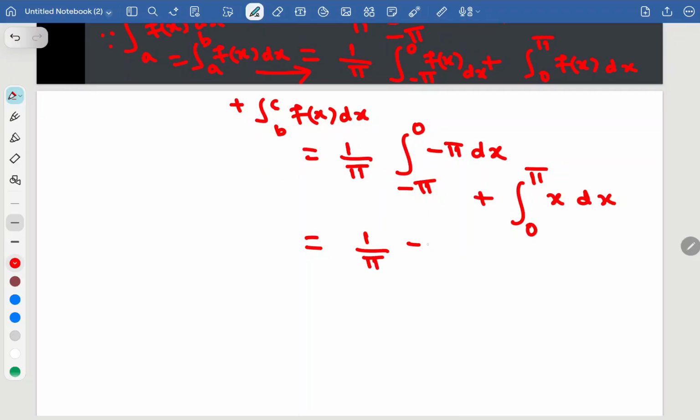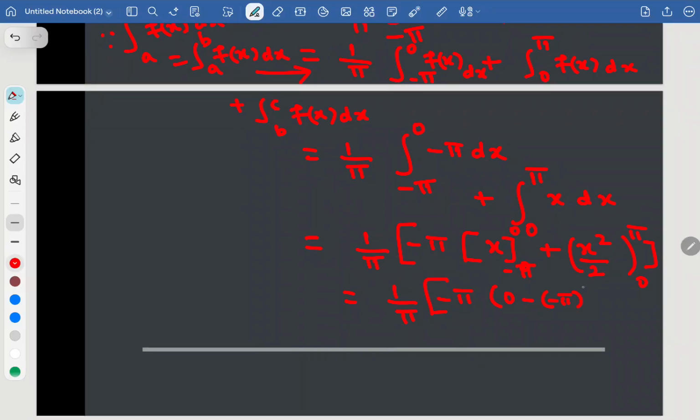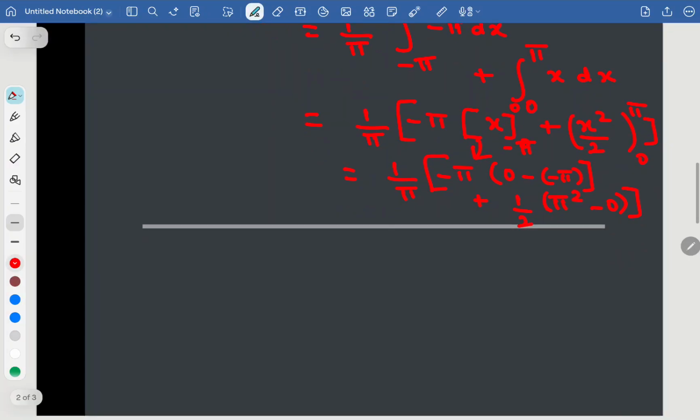One by pi, take minus pi outside, integration of dx is x, from minus pi to 0, plus 1 by pi times x squared by 2, limit 0 to pi. 1 by pi times minus pi, 0 minus of minus pi for the first one, plus 1 by 2 pi squared minus 0, upper limit minus lower limit.